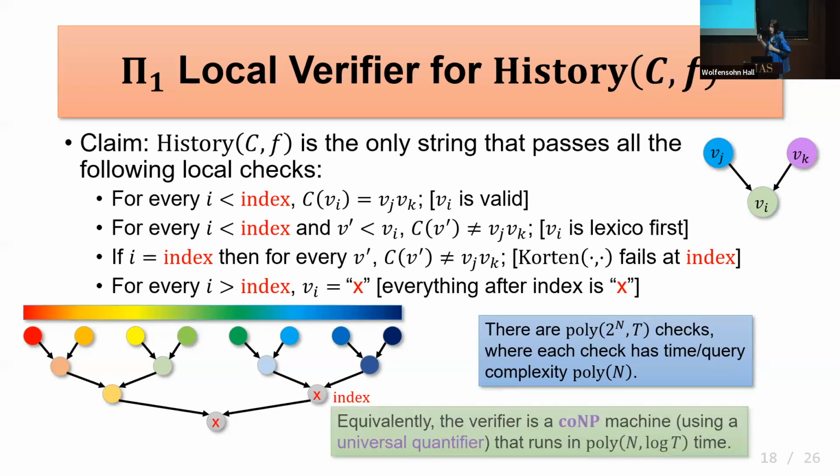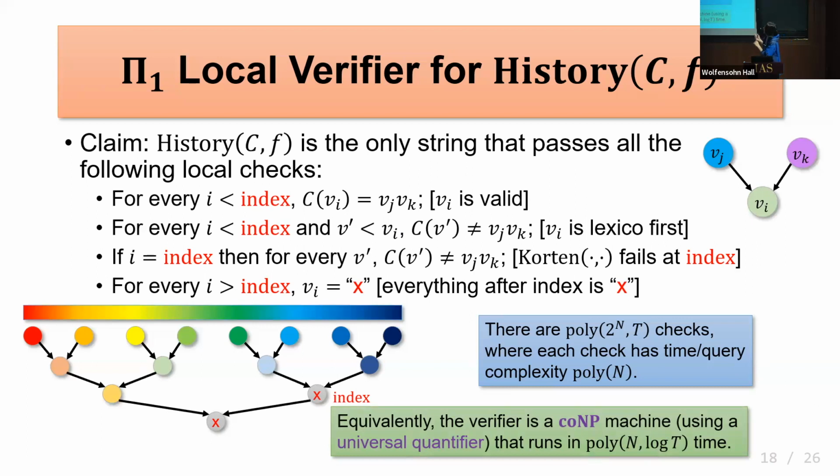So this is like a co-NP machine performing the check, where it universally guesses some poly(n) bits, then looks at the history in poly(n) many places and tells whether the check is successful or not.